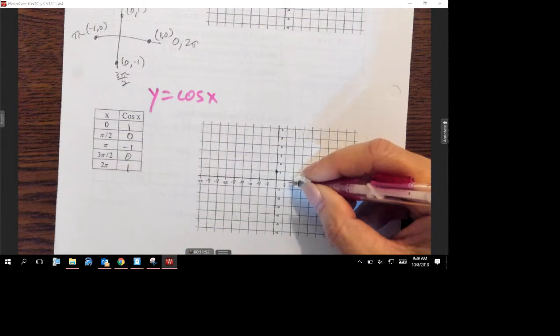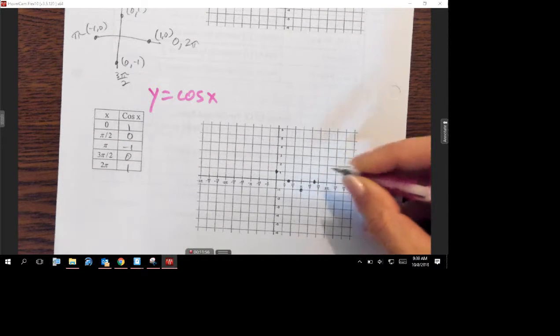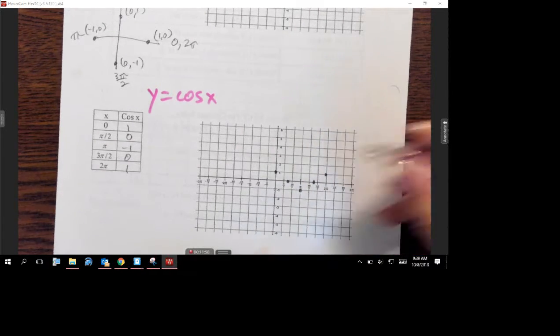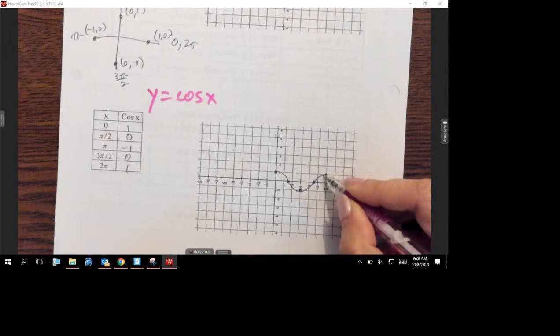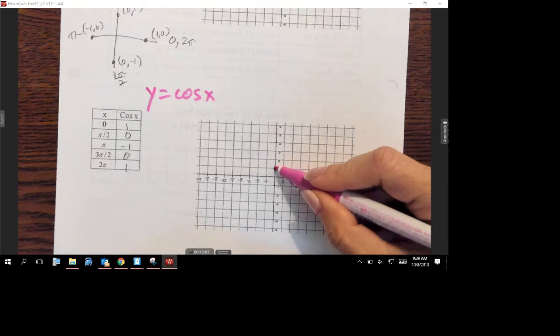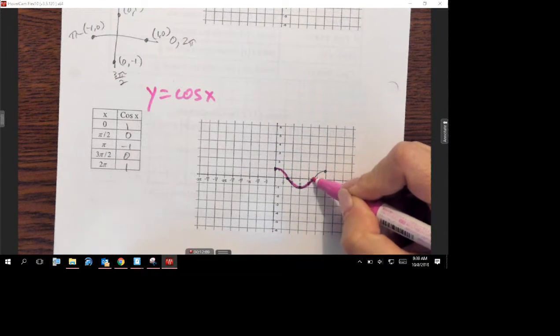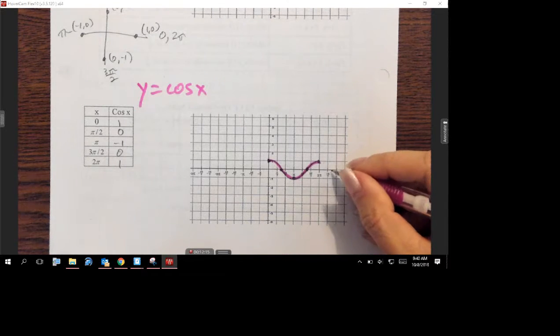So 0, 1, pi over 2 is 0, pi is negative 1, 3 pi over 2 is 0, 2 pi is 1. This is also smooth curves, just like sine was. And you will continue the pattern just like you did for sine.